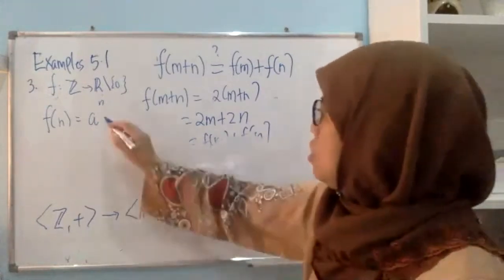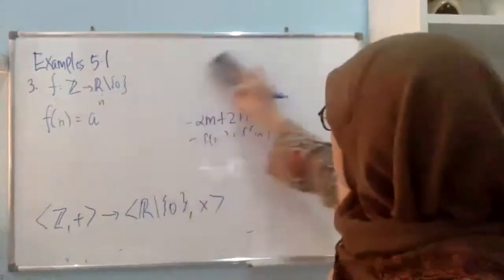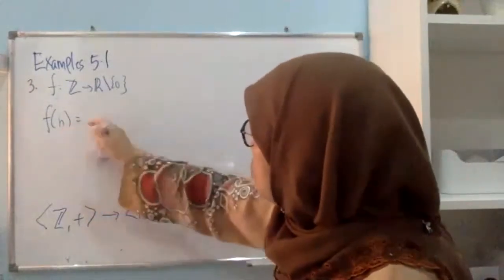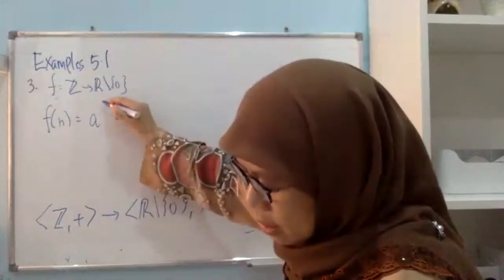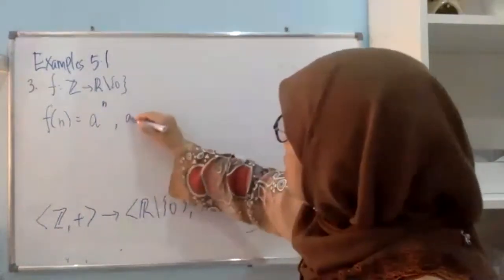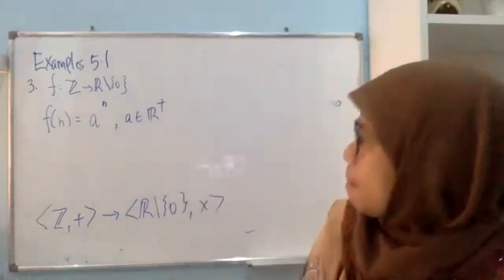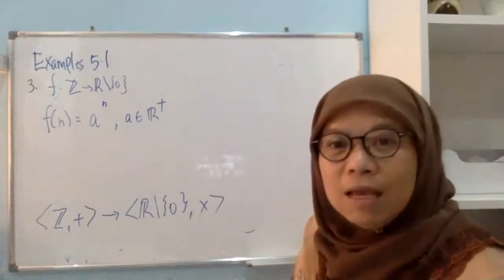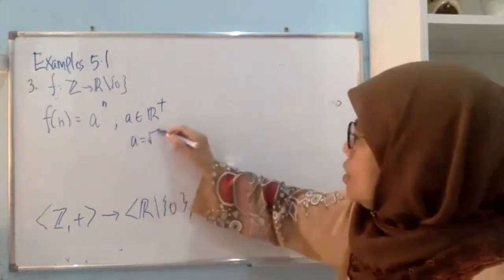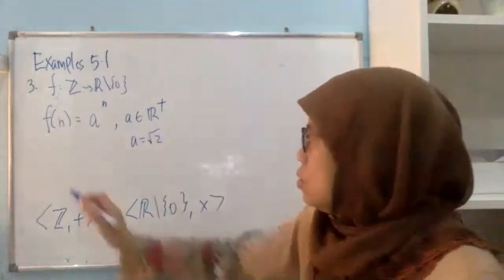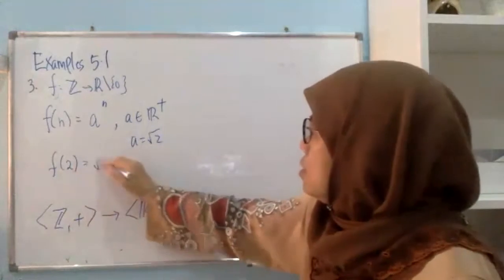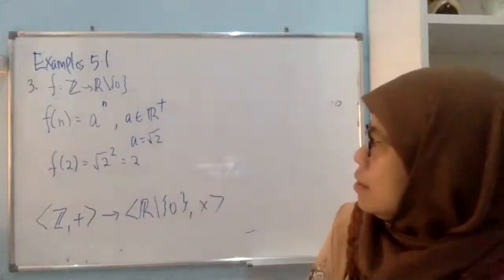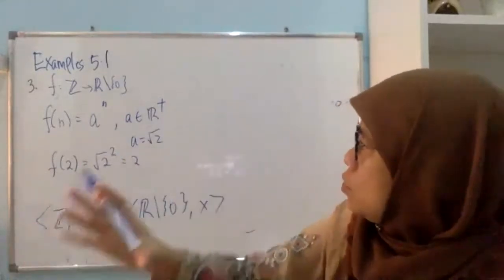So this is f(n) equals a to the n. What is a? a is a positive real number. a can be any positive real number. I can put a as, like, square root 2. So f of 2 is square root 2 squared, something like this, right? So it's from integers to the reals.